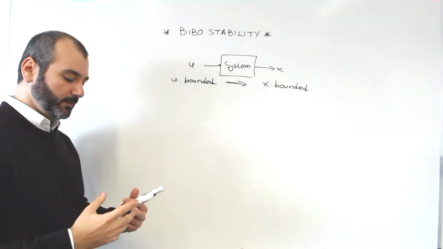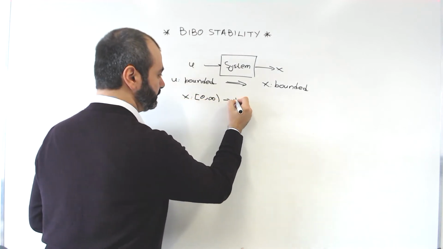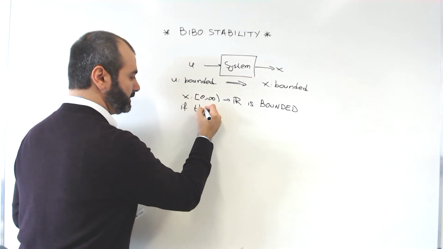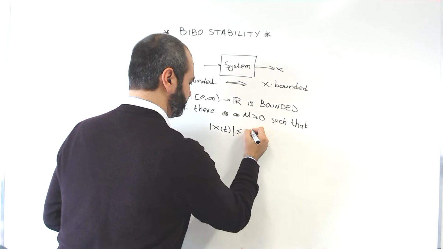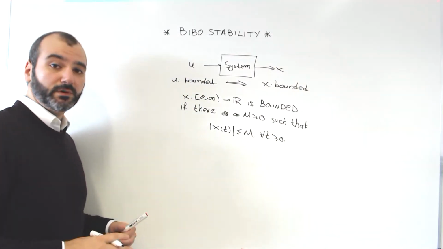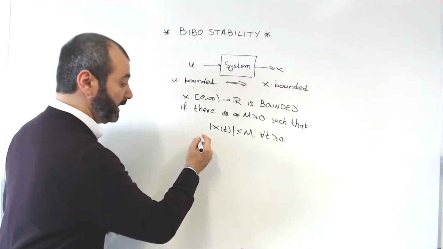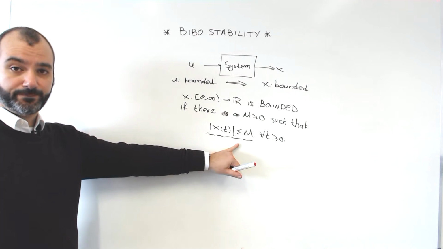So a proper mathematical definition would be that a signal x is bounded if there is a number m, so that for all non-negative times the signal remains in that band that we talked about previously.